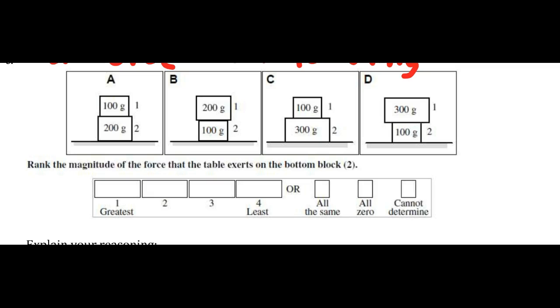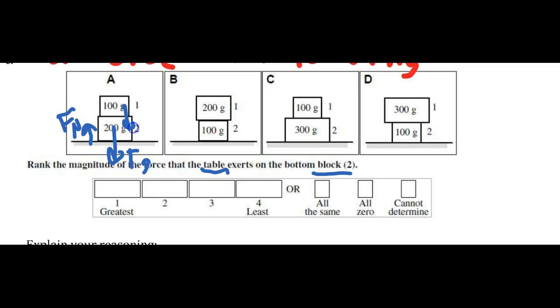And the last one asks us to rank the magnitude of the force that the table exerts on the bottom block. So again, I care about the table and the bottom block. On the bottom block I have the force of gravity, and the force normal of the table pushing up on it.